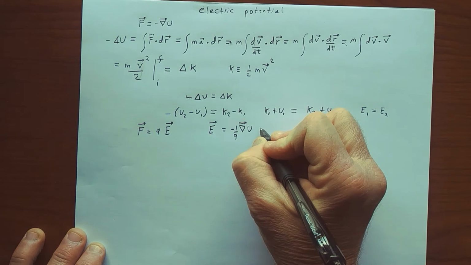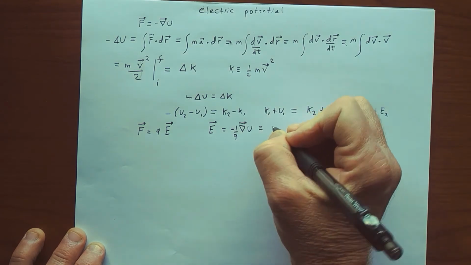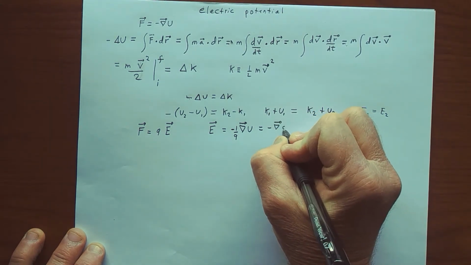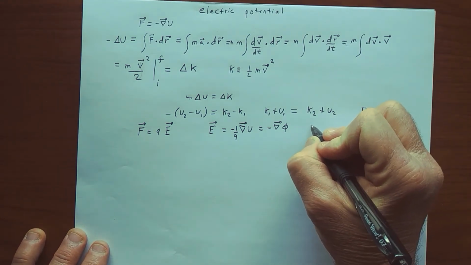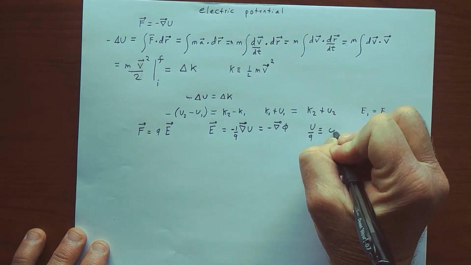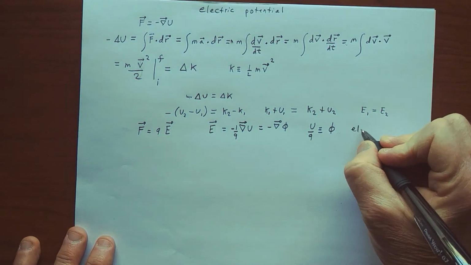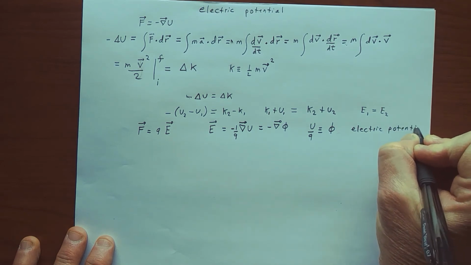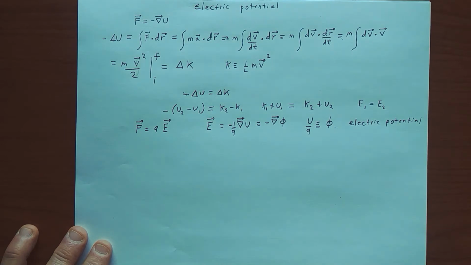But we can also make this equal to minus the gradient of another function, which we call phi. It's a scalar function where U, the potential energy per unit charge, is what we use the symbol phi for, again here, but this is not an electric flux, this is an electric potential. It's not an electric potential energy.